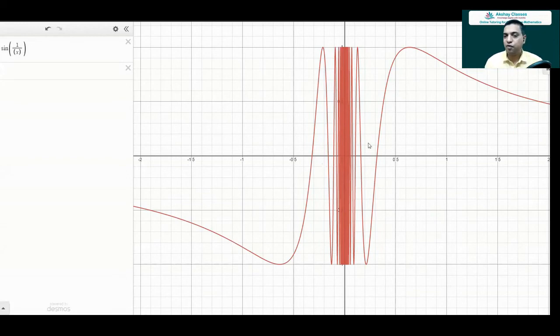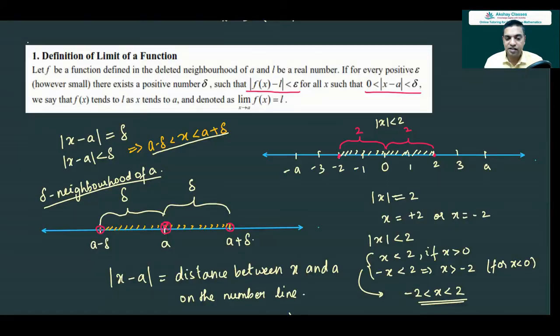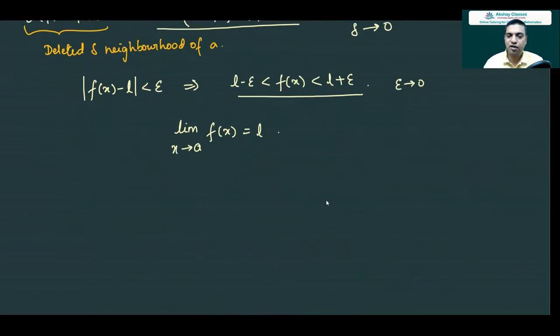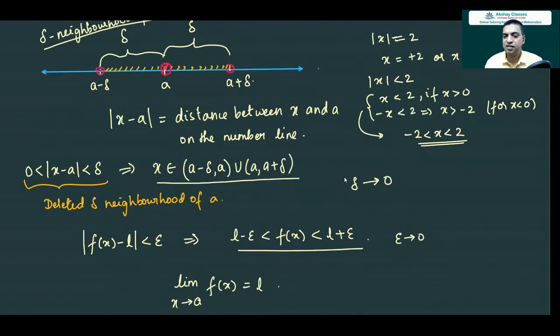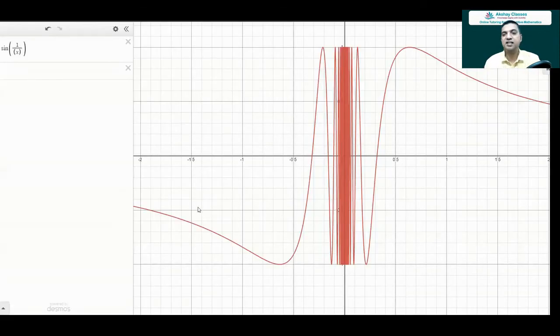That is why for functions like this, when you say x is in the delta neighborhood of 0, the function value is not in the neighborhood of 0. The condition for this definition is: if delta is reducing to 0, then epsilon must be reducing to 0 and vice versa. But this phenomenon cannot be seen in the sine 1 by x graph.